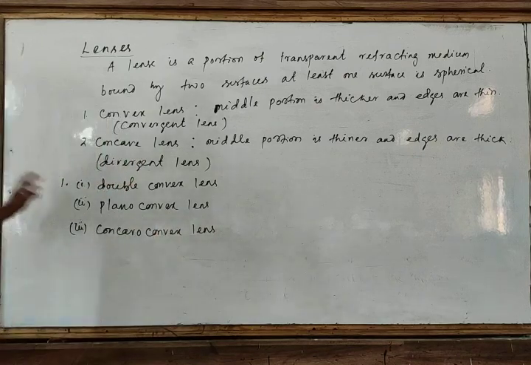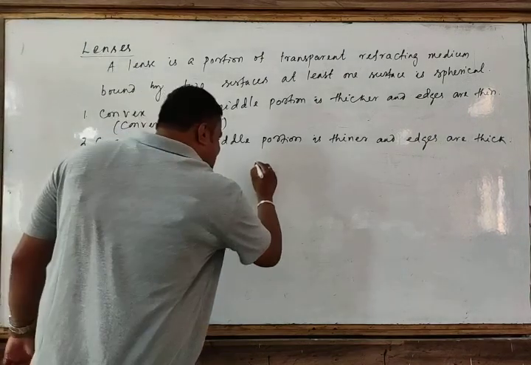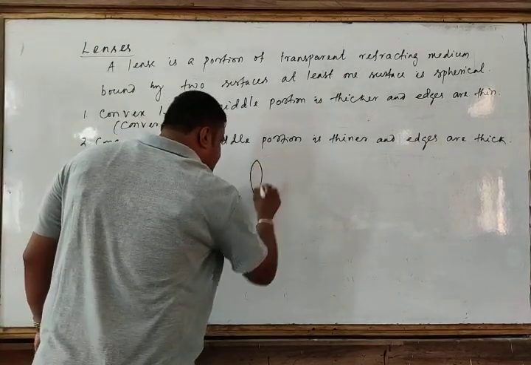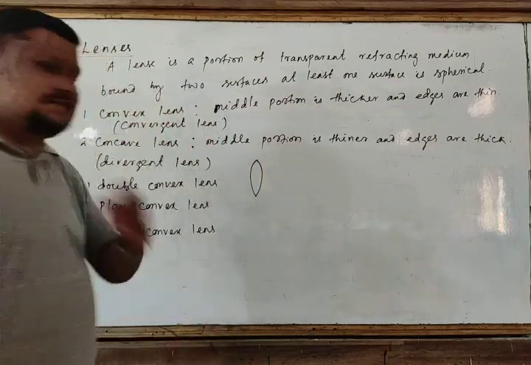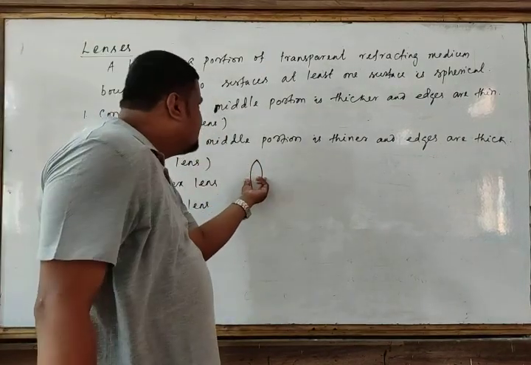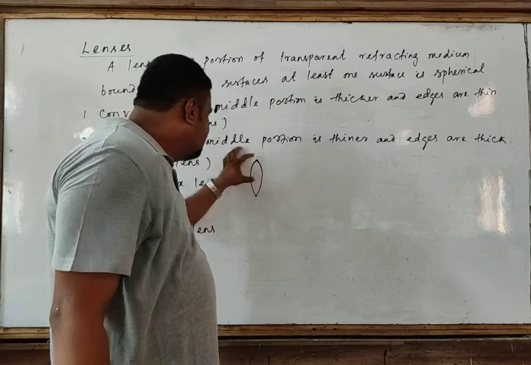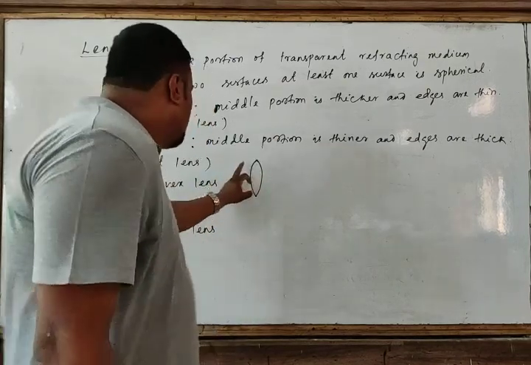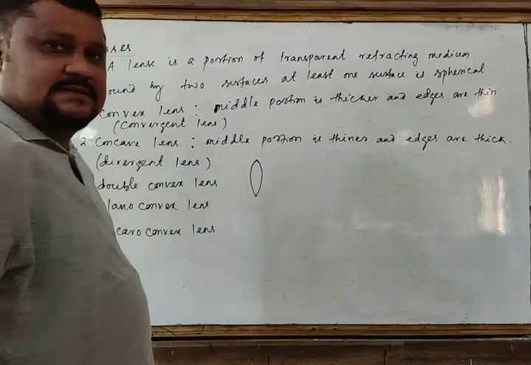Let me show the double convex lens. This is a double convex lens. The middle portion is thicker, these edges are thinner, and both the surfaces are convex.